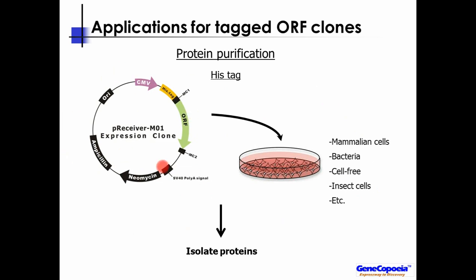So when you have one of these clones, you would then put it into your cells, and in the case of His tag, this can be mammalian cells, bacteria, cell-free systems, insect cells, etc., many systems.